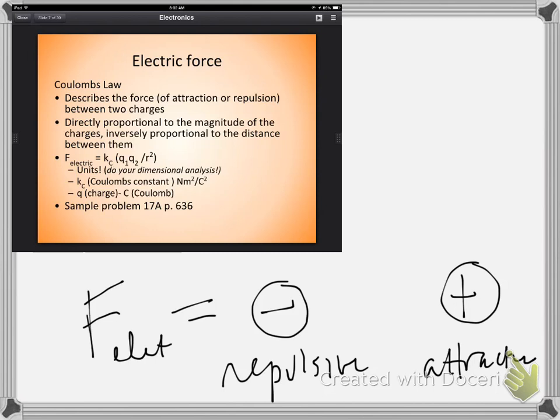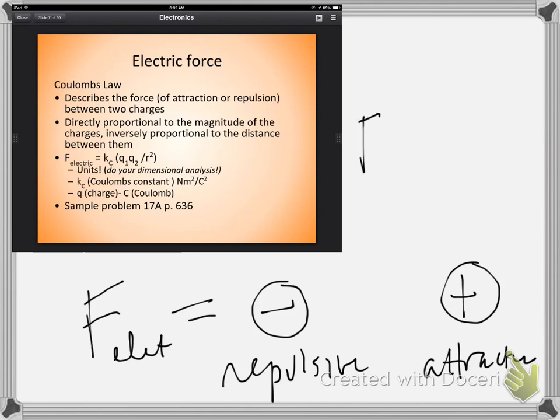Smaller. Until we get them to a point where they're so far away that they're not really attracted to one another at all. Because gravitational attraction is proportional to the inverse of the square of the distance between 2 things. We've had a lot of inverse square relationships recently, haven't we? Electrical force is the same.